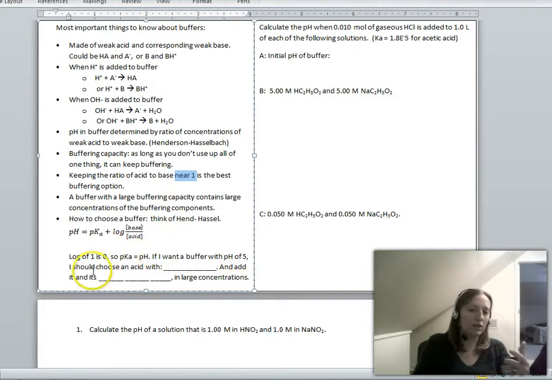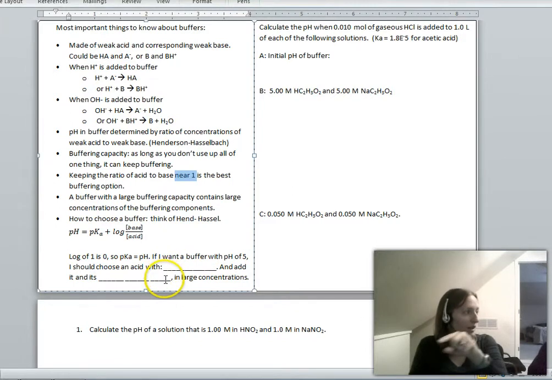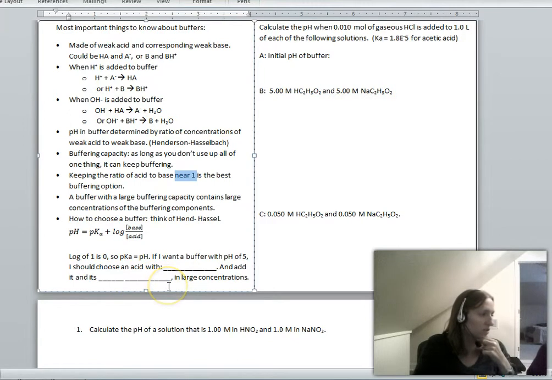So if I want a buffer with a pH of 5, I should choose an acid with a Ka of something times e to the negative 5. And I should add that acid and its conjugate base salt in large concentrations.